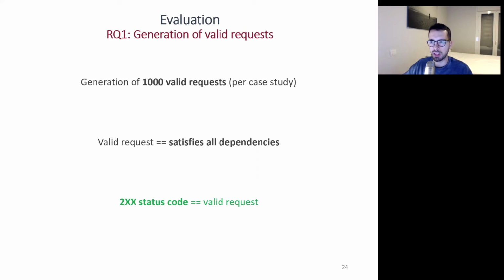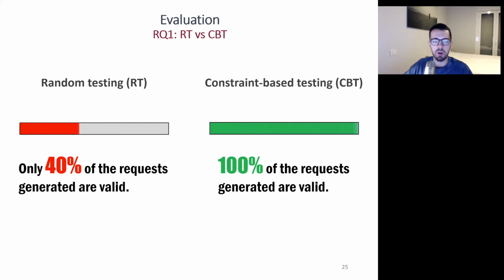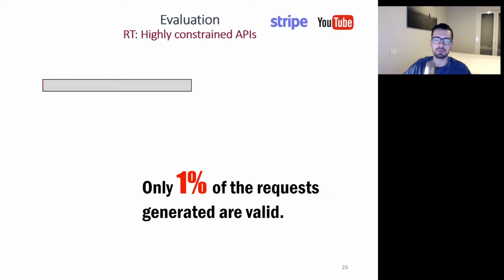And this is what we obtained. With random testing, only 40% of the requests that we generated across all case studies were valid. In contrast, with constraint-based testing, all the requests that we generated were valid by default, 100% of them. Actually, this was extreme for random testing in some cases.